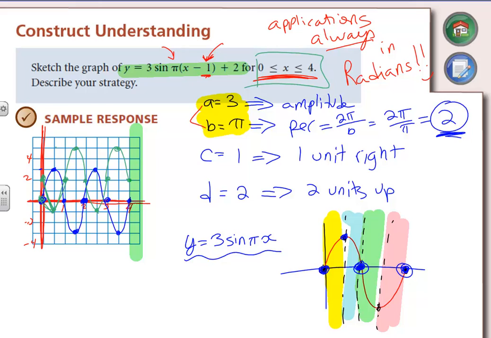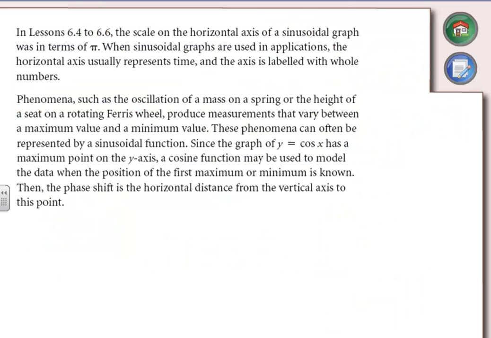Okay, so that in green, we now have y equals 3 sine pi x minus 1 plus 2. And as I just talked to you, on sinusoidal graphs the x value, the horizontal axis, was always in terms of pi.